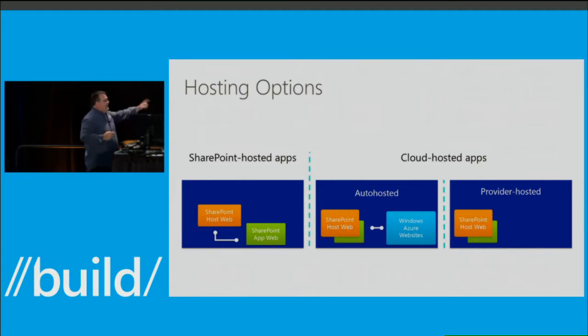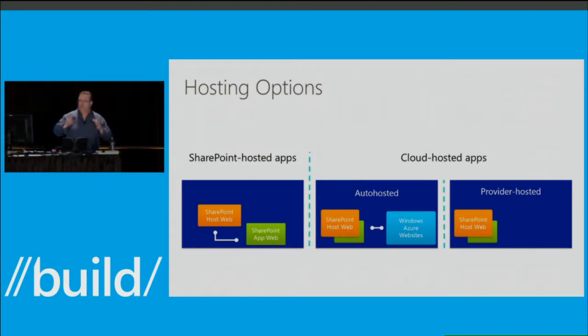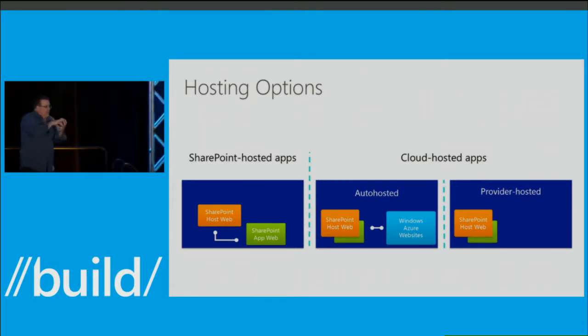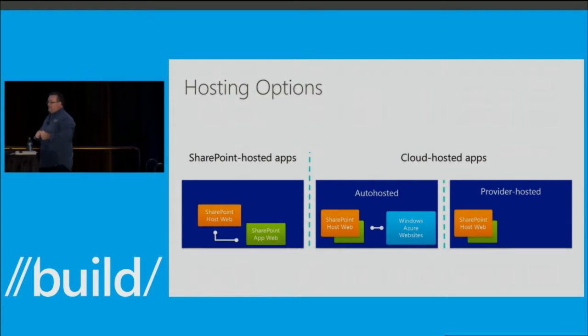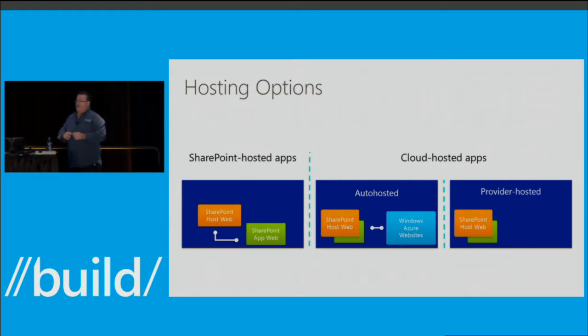In the auto-hosting model, you can take advantage of a lot of infrastructure that the SharePoint folks have done, and it all goes into one package. Your SharePoint app, your web application, as well as your manifest, all gets put into one package. You hand it up to SharePoint. When it gets installed, they'll automatically provision that out to the Windows Azure websites. And they'll also provision your SharePoint app piece and wire those together, so it's really handy.